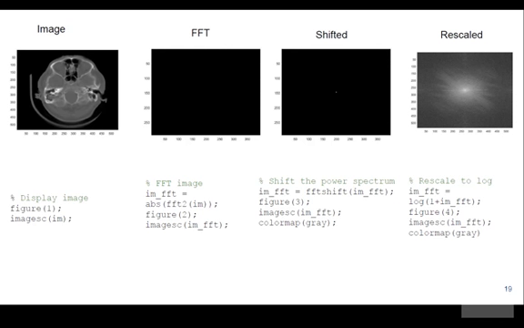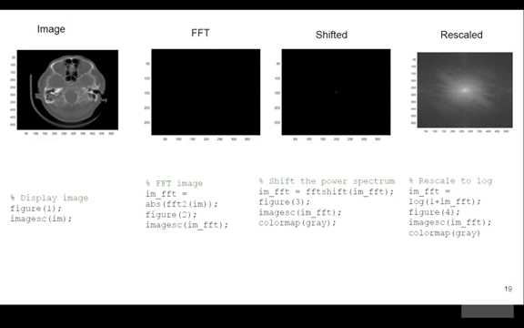This is another CT image which shows a similar thing. When we do the direct 2D Fourier transform, it looks very uninteresting. If we shift it, there's our big spike around 0 frequency, but if we rescale it, we get this.